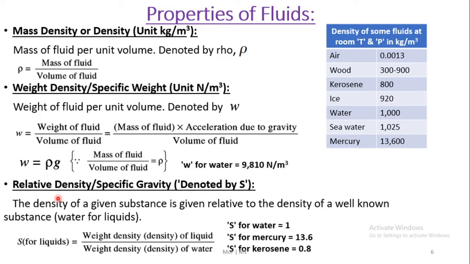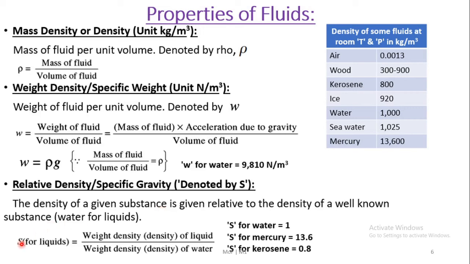The next property is relative density or specific gravity, represented by the symbol S. This is a very important property, particularly used in problems. The density of any given substance is compared to the density of a standard substance, and for liquids this standard substance is water, and for gases this standard substance is air.